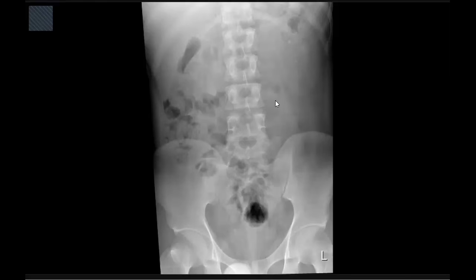What are the possibilities for these calcified renal shadows in the renal areas? Most likely it is representing small renal calculi or concretions.